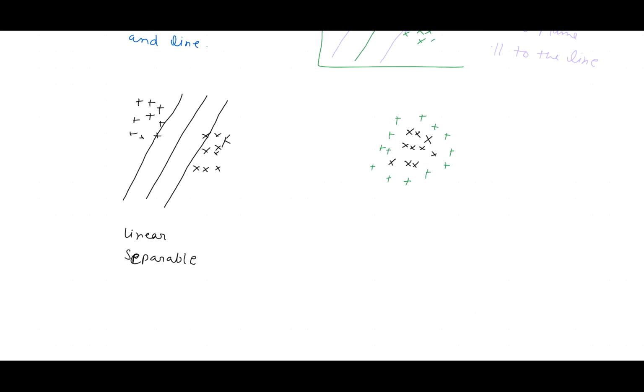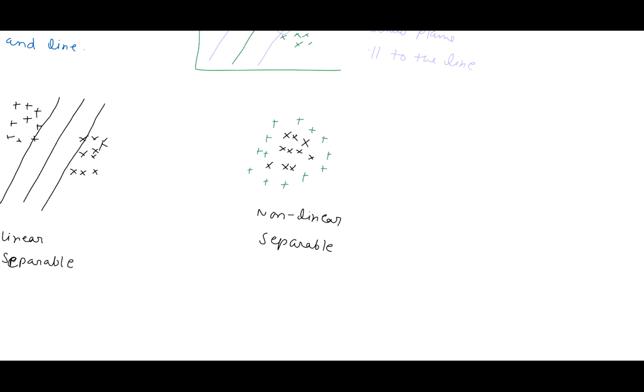This term is known as non-linear separable. This is non-linear data. We did not separate it yet, but we will. If you want to separate this one, I will remove this because we need to separate them.